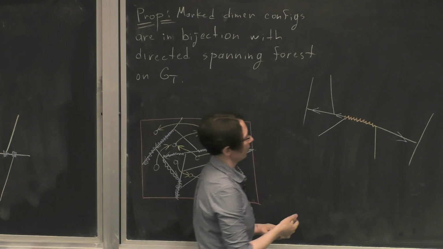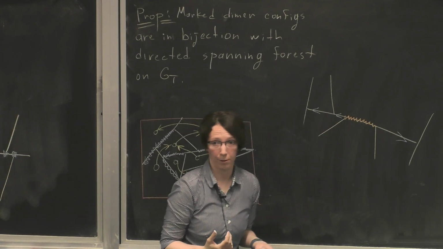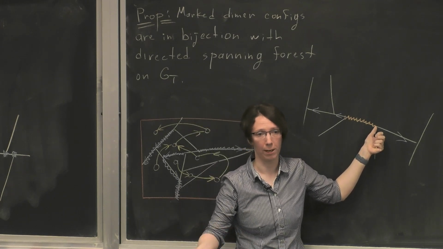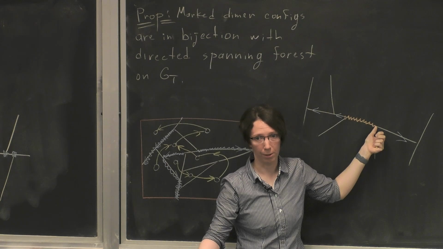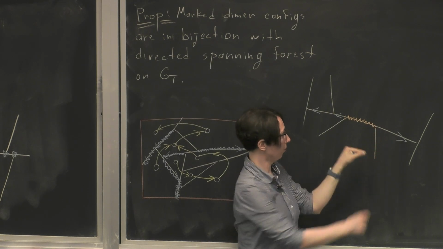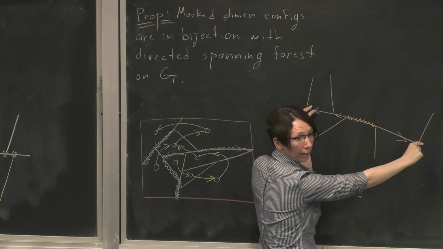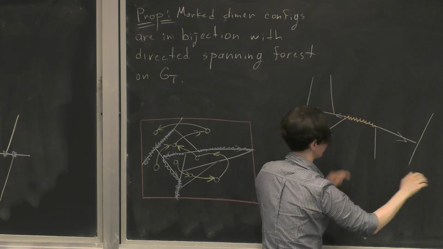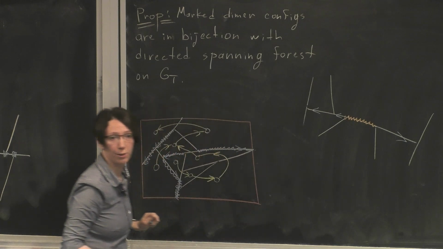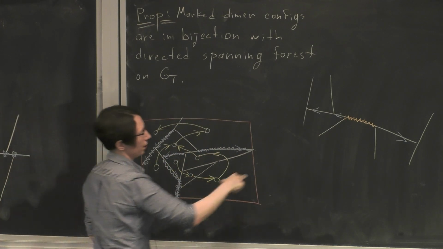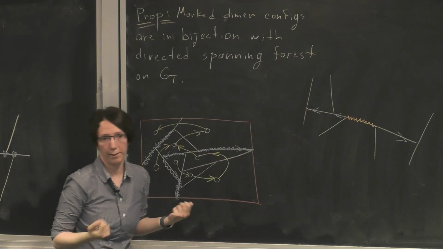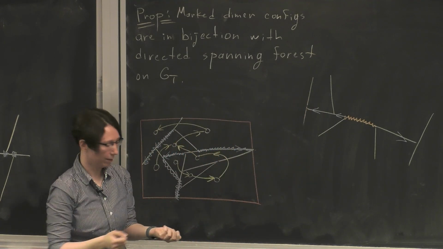Note that given this choice of directions, each vertex of a T-graph has exactly one outgoing edge, because it might have outgoing edges only on this complete edge. And I choose a direction for all those vertices. Everything on the right goes that direction, everything on the left goes this direction. And as soon as we get here, note that at this complete edge there is exactly one marked piece.